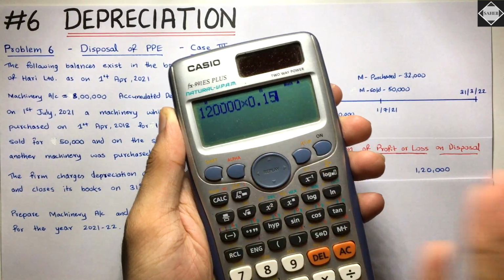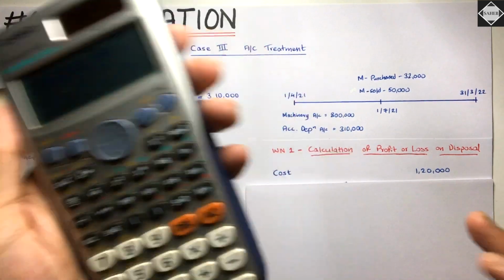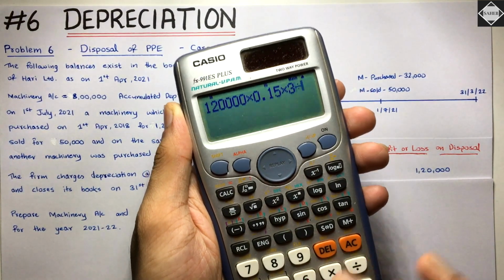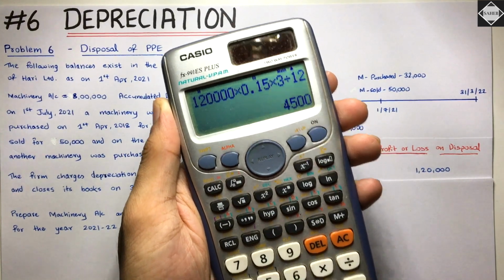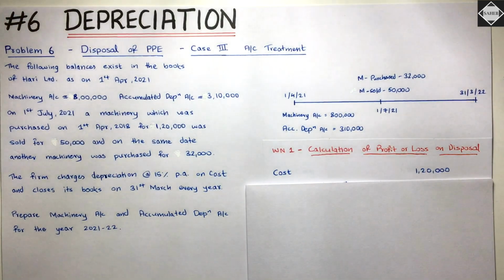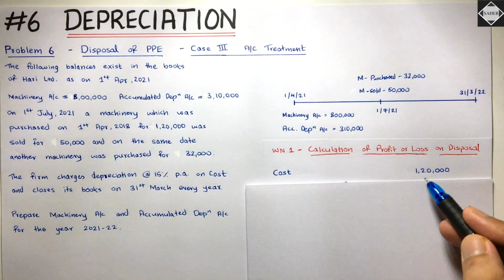It's SLM now, on original cost only we calculate. Into what? The months. How many months? From 1st April till 1st July is 3 months. So 3 divided by 12, that's equal to 4,500. So 4,500 is the depreciation you will be charging in the current year on this asset. On which asset? The asset which you have just sold.